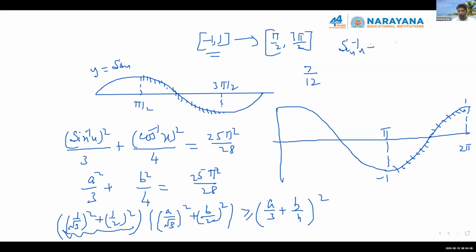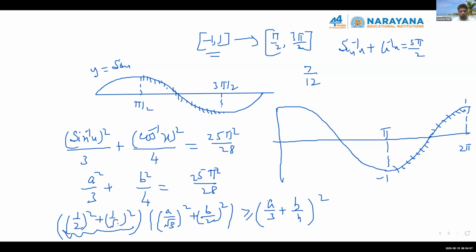A plus B is how much? 5 pi by 2. Yeah, in fact, that will be better, because otherwise I have to apply it 2 times. So 1 by 2 in place of 1 by root 3, you want me to keep 2 here, and root 3 here.